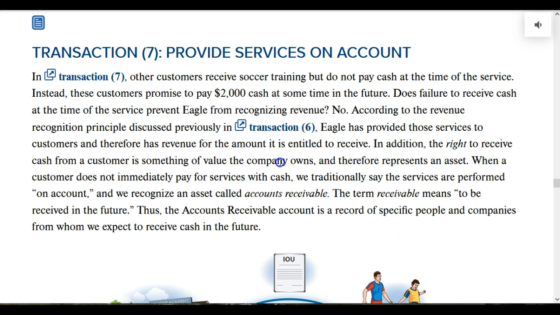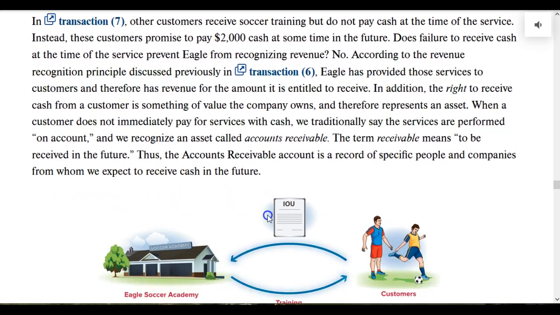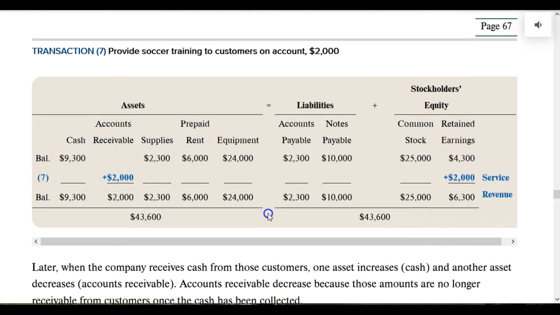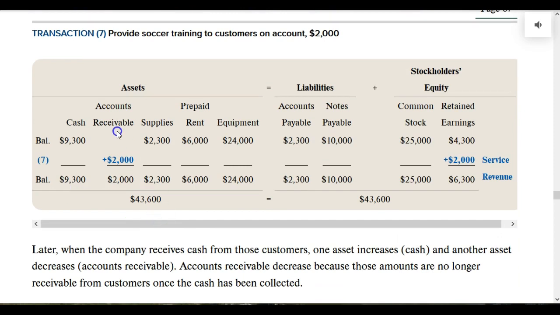We're going to use a new account called Accounts Receivable, and it's going to be an asset. So let's look at this transaction, number 7. Another asset account, Accounts Receivable. This account shows when our customers or clients owe us money. So we provided services, they owe us money, plus $2,000.